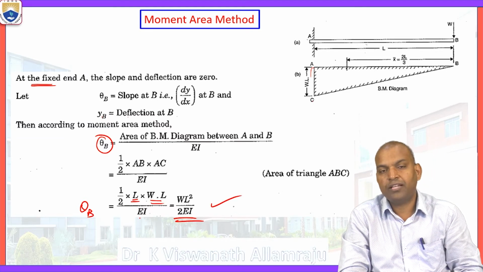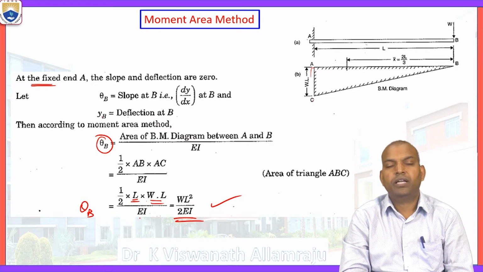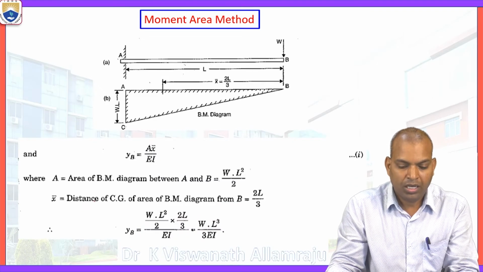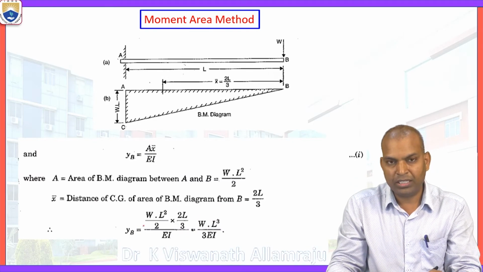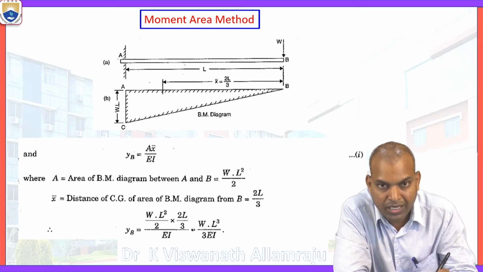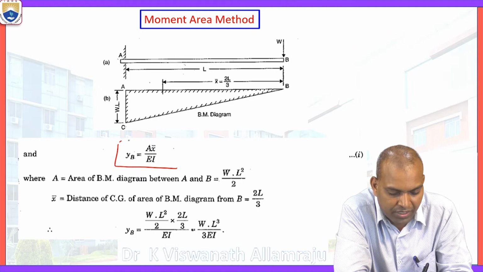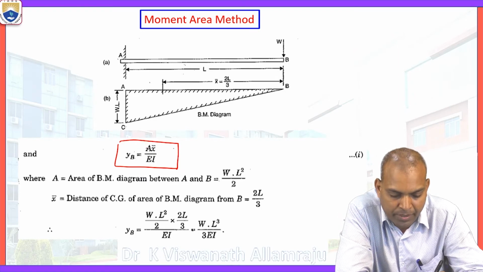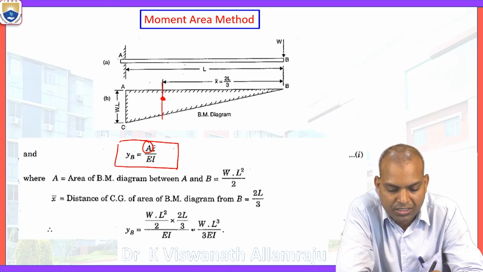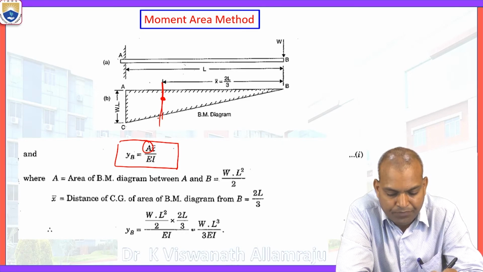If you substitute the values of W, L, E and I, we get theta B. Next, we need the deflection at B: YB equals A x bar by EI, where A is the area of the bending moment diagram and x bar is the centroidal distance from 0 to the centroid, that is 2L by 3.